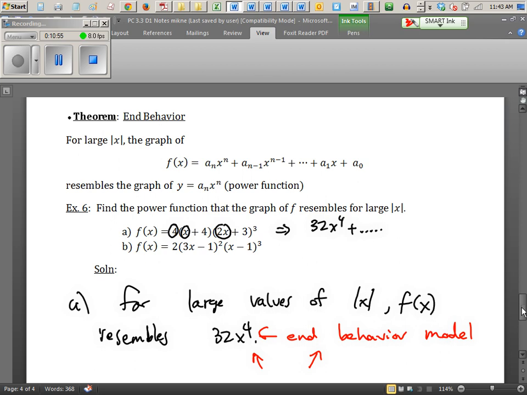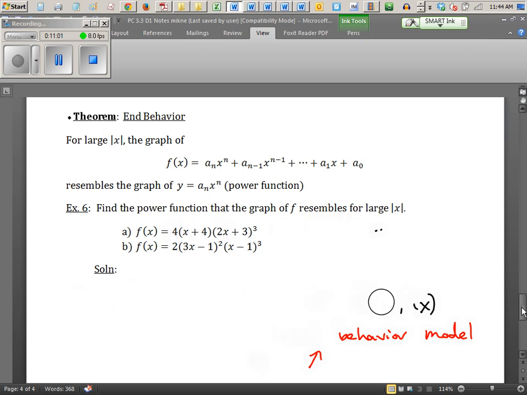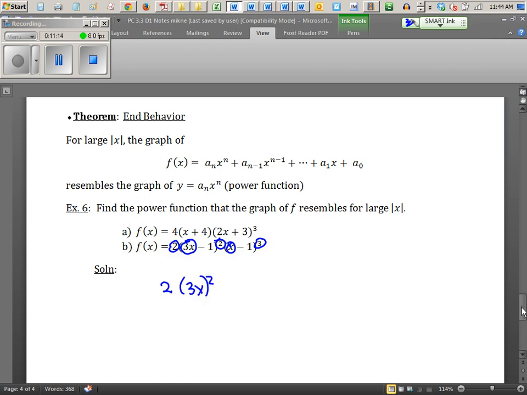Okay? What do you suppose the end behavior model is for the next problem here? This is part B now. Just try to pick out the leading term here. What's 2 times 3x squared times x cubed? What's that?